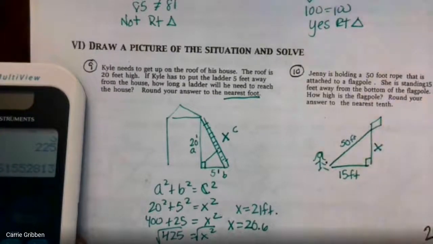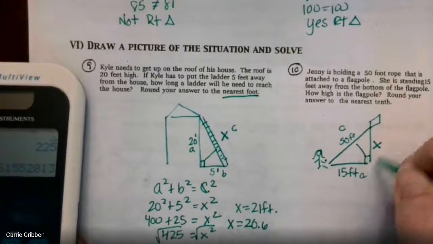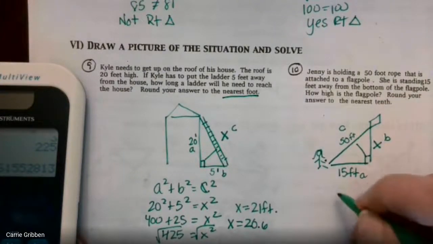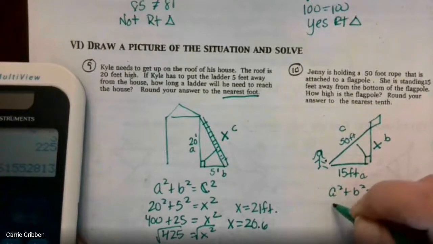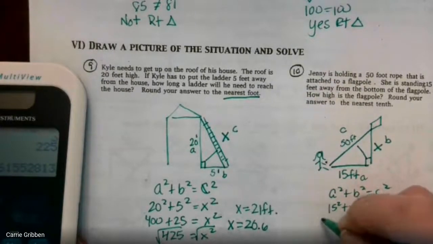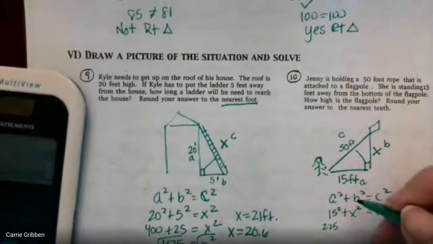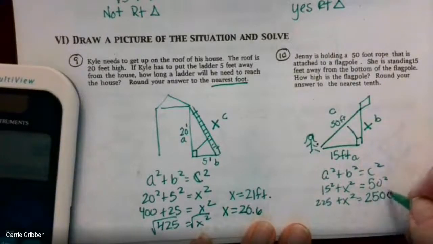So that's what I'm looking for, which means I'm looking for a leg, because this would be C, that could be A, that could be B. So if I plug it in the Pythagorean theorem, and I say, okay, 15 squared plus x squared equals 50 squared, then I'm going to get 225, so x squared equals 2,500.